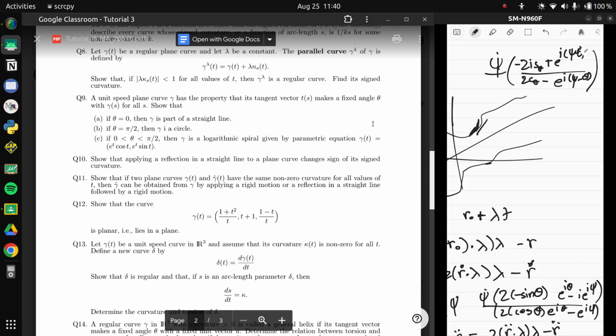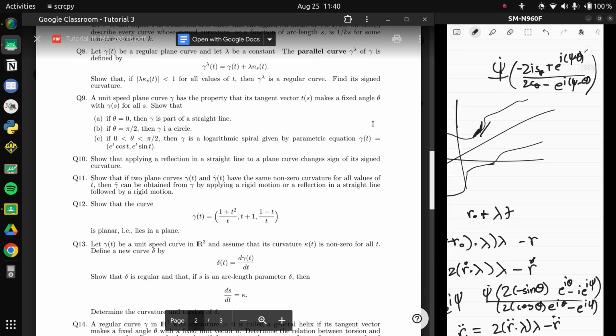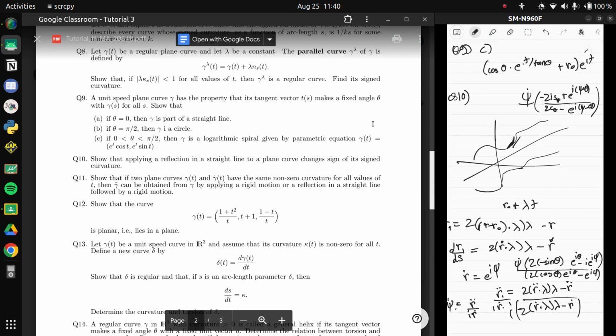This should have been sine theta for it to actually make sense. It's not. I must have messed up something. What did I mess up? Oh, okay.